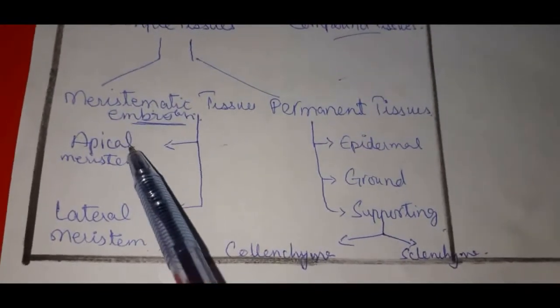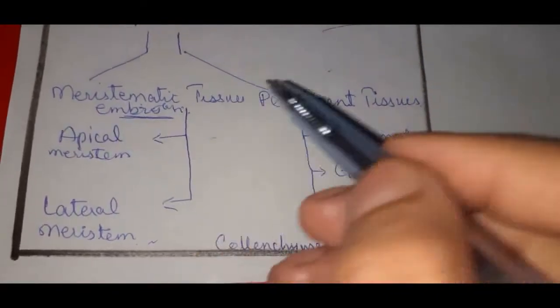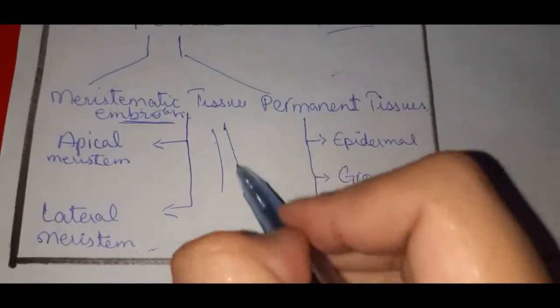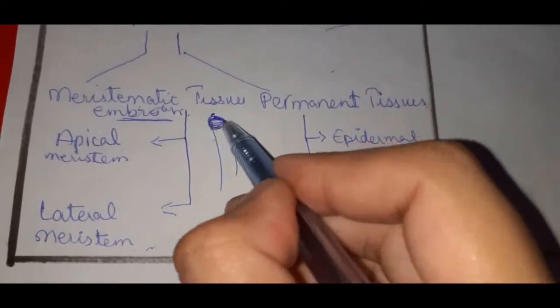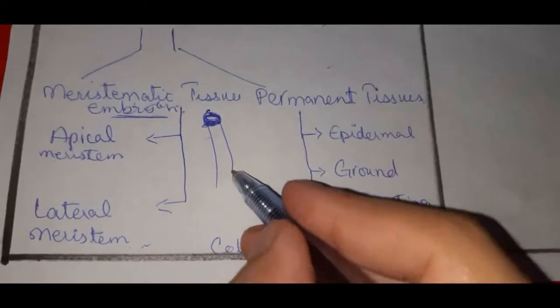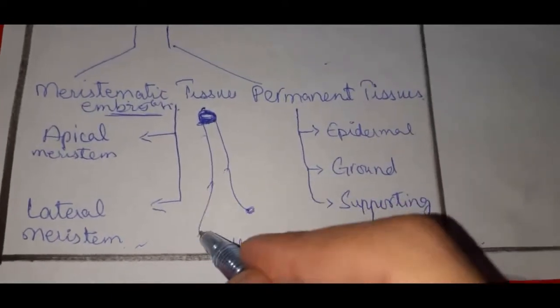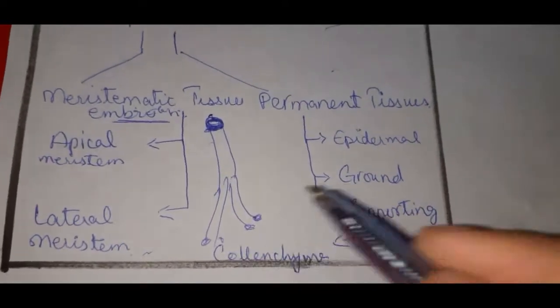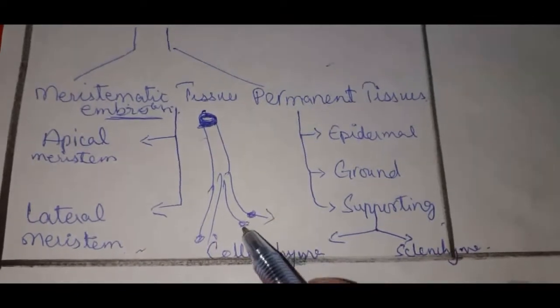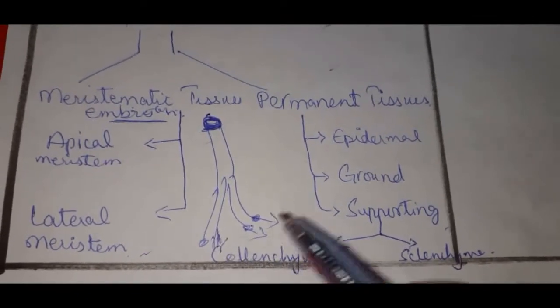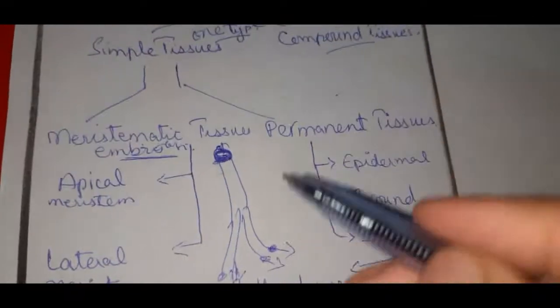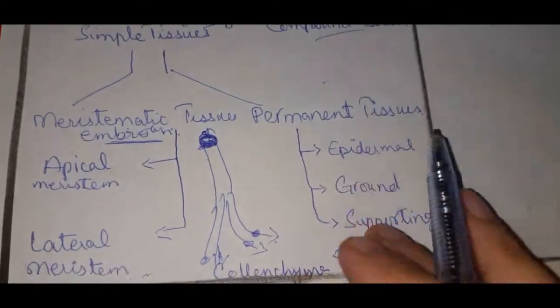Apical meristem is the meristematic tissue which lies at the top of the shoot and at the tips of roots. And what's their function? Their function is the growth of the plant, either from the root side or from the shoot side.